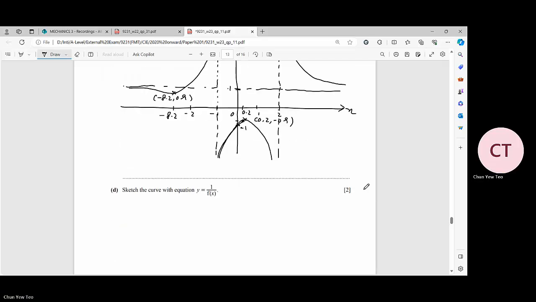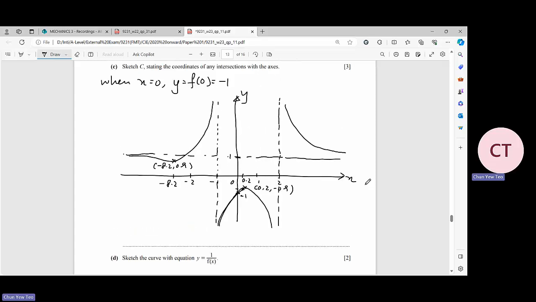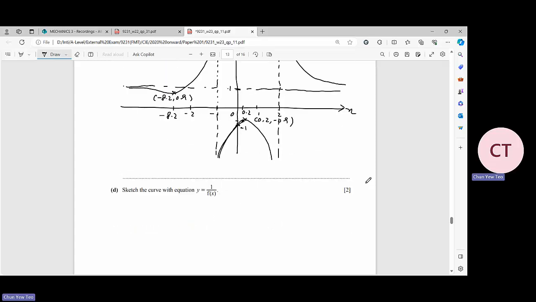Okay. And now to sketch part D. D is 1 over f(x). To sketch the graph of 1 over f(x), you need to understand that originally we have x and f(x), and now 1 over f(x).